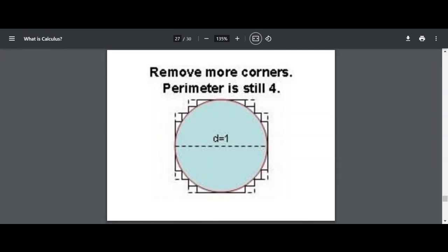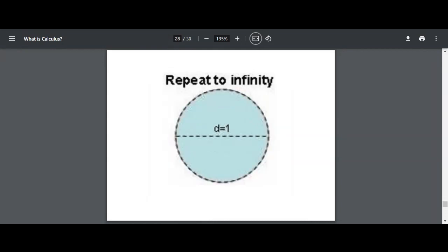So you can continue this process, and each time you remove more and more corners, the perimeter is always going to remain equal to 4. But now if you imagine taking this process to infinity, it seems like that shape is going to converge to the circle, okay?